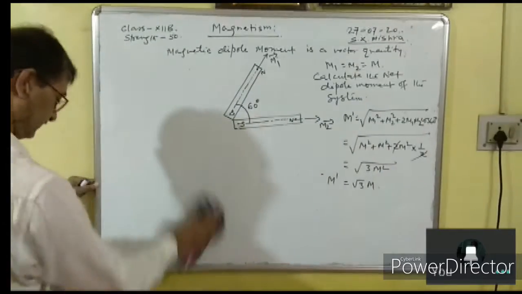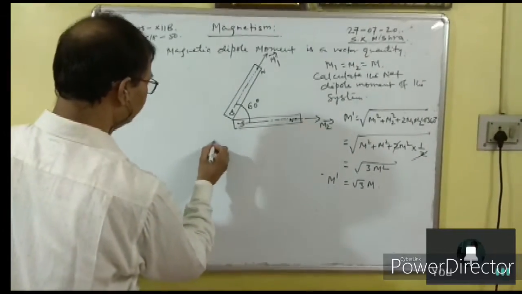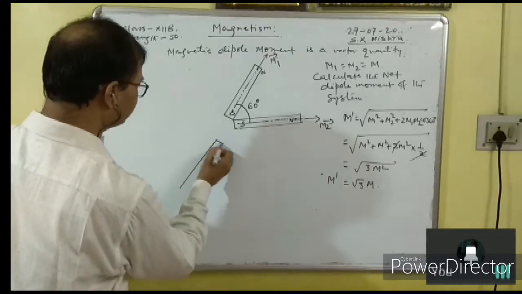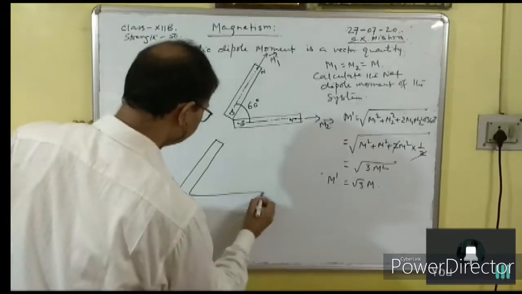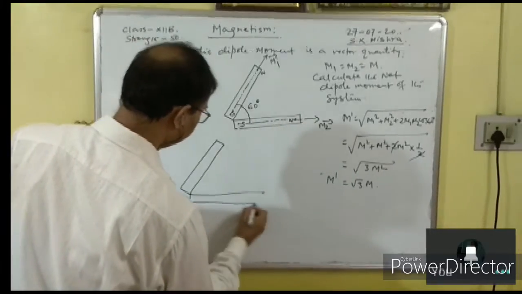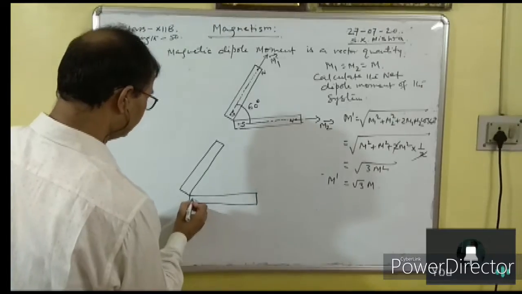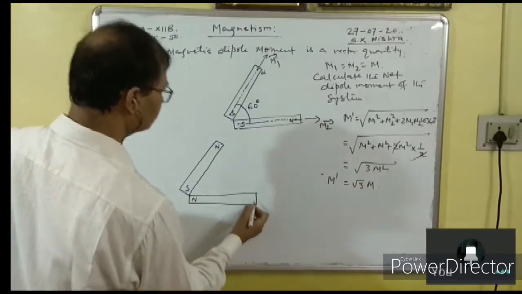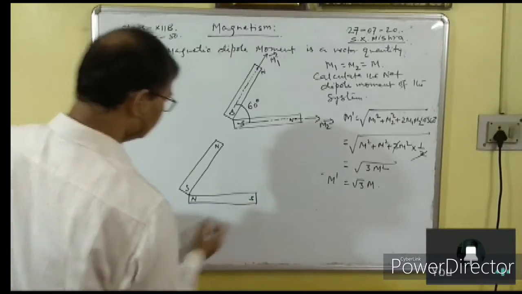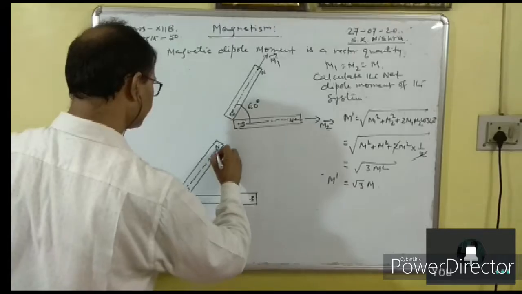So how will you find this? It is very easy to find because it is a vector quantity, and if the net is m dash, then m dash is the vector sum. That is m1 square plus m2 square plus 2m1m2 cos 60 degrees. So p square plus q square plus 2pq cos theta.